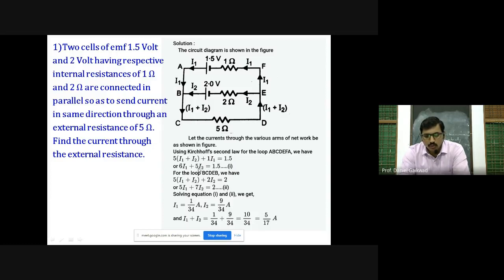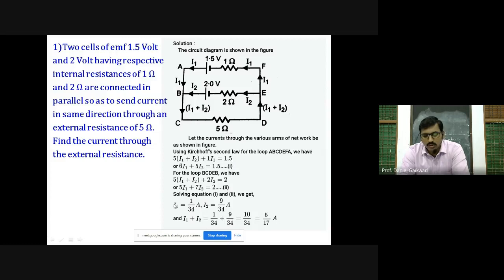Here we have 5 times I2 and here 7 times I2. If you multiply equation 1 by 7 and equation 2 by 5, 5 into 7 is 35, here 7 into 5 is 35. The I2 term will be the same, so that we obtain the equation for I1. Like this we have a number of methods, and accordingly the solution is I1 equal to 1 upon 34 ampere.